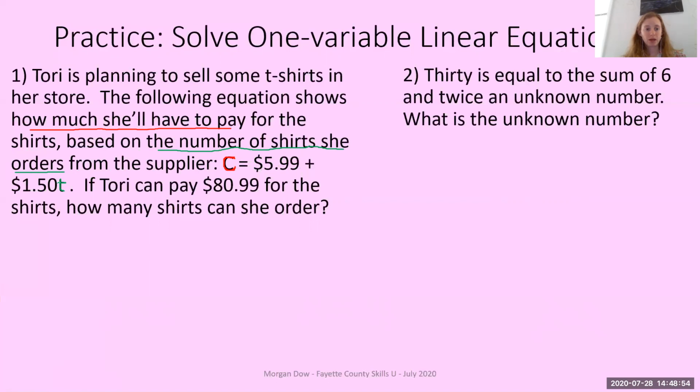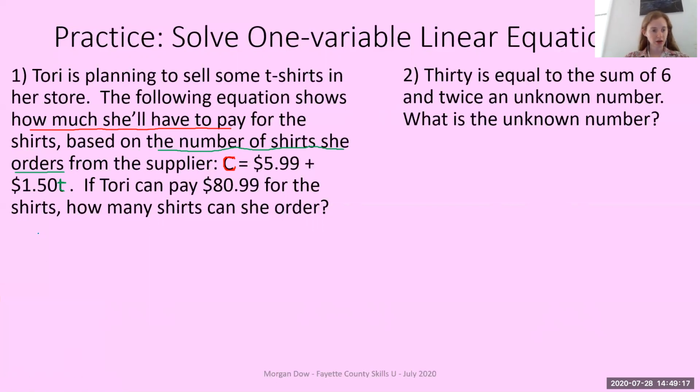That's T there. So if she can pay $80.99 for the t-shirts, how many shirts can she order? So that $80.99 is her maximum cost, right? She can't have a cost of more than $80.99.